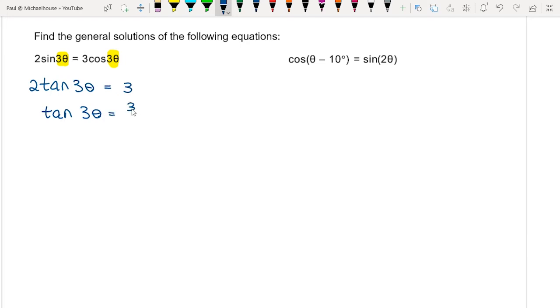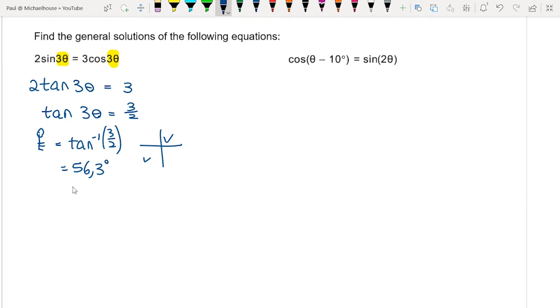equals 3 over 2. We're now going to appreciate that we need our answers in quadrants 1 and 3, with tan being positive. We're going to get our key angle. Our key angle is going to be found by undoing tan of 3 over 2. We get 56.3 degrees.